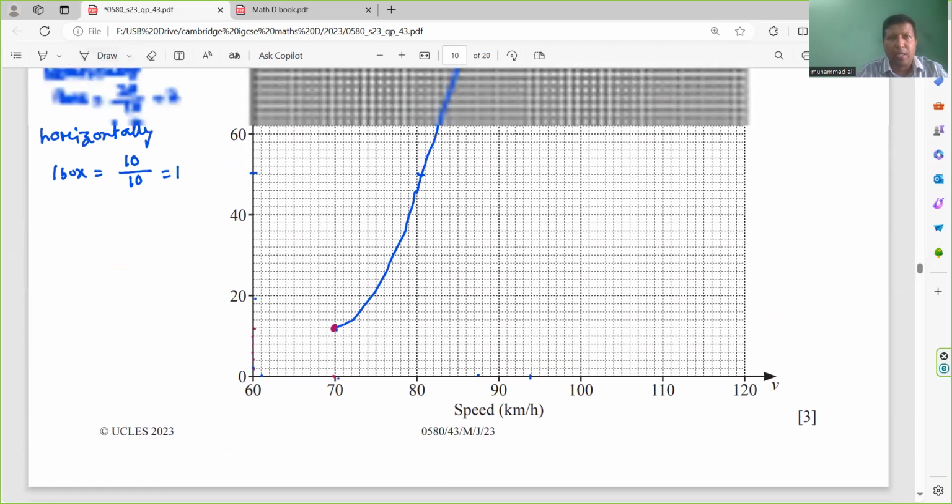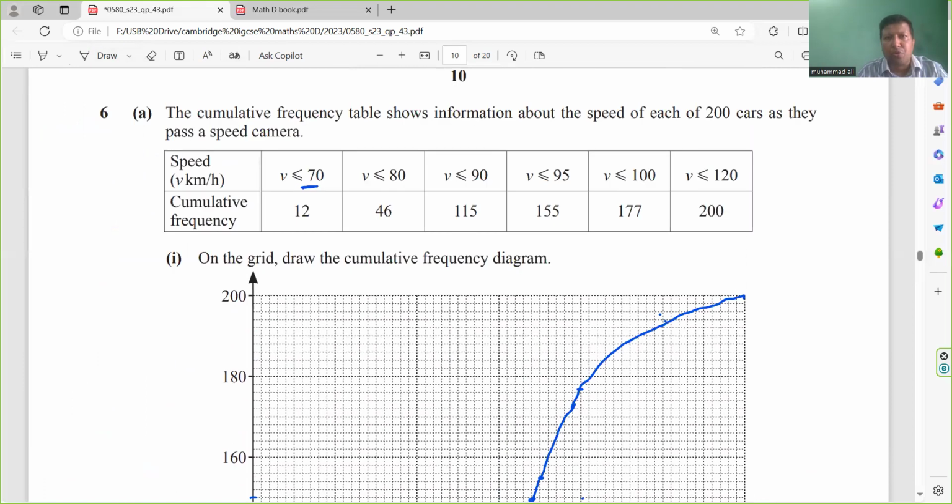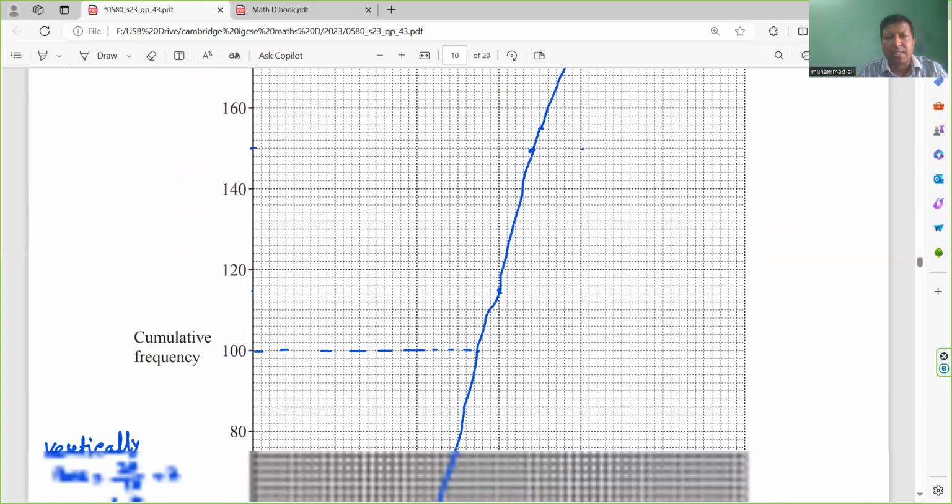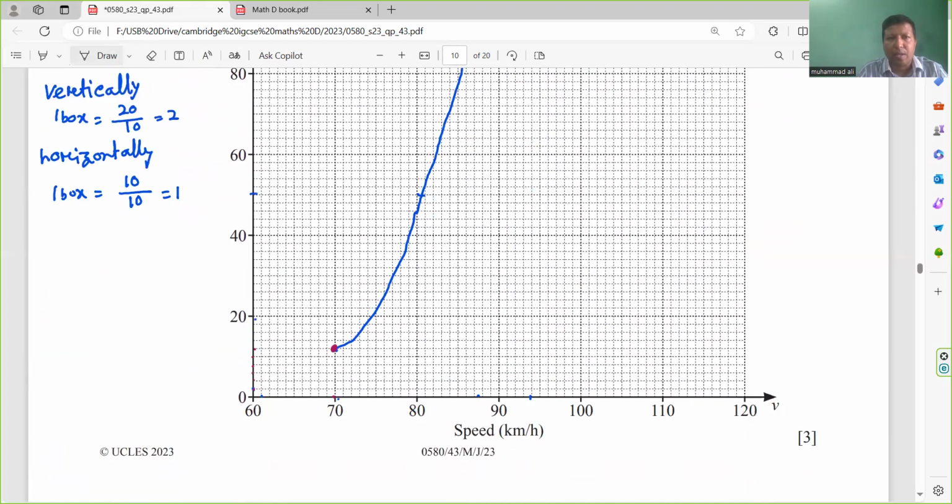The second one, less than or equal to 80, cumulative frequency 46. Here it is 80, and this is 42, 44, 46. Here is the 46. And 80, this is 46, another coordinate.